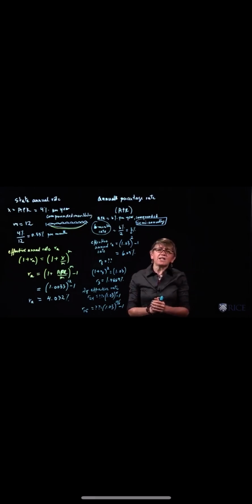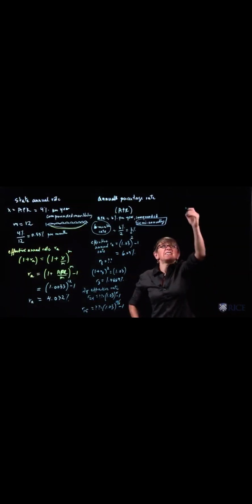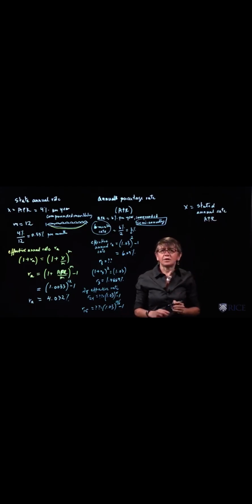The effective rate changes, obviously, with how many times the interest rate is being compounded, as you've seen in the examples. What if the interest rate is being compounded continuously, every instant? Let x be the stated annual rate, or the APR.